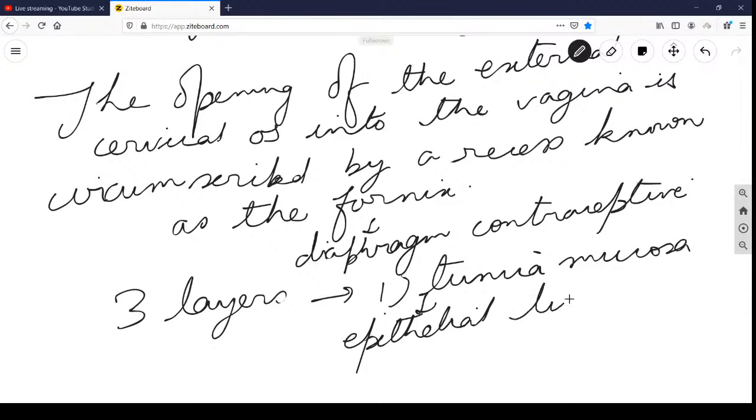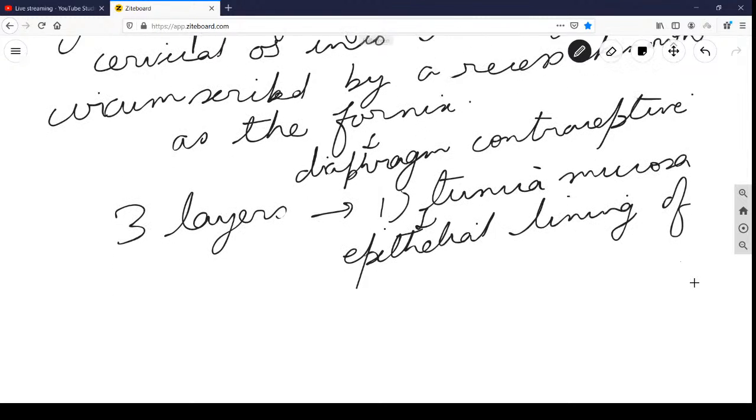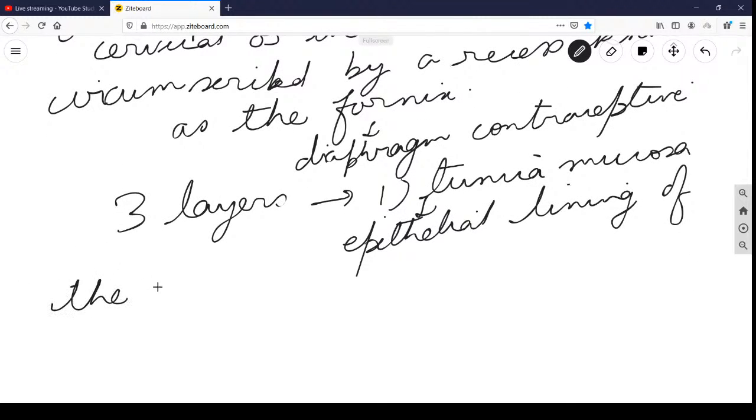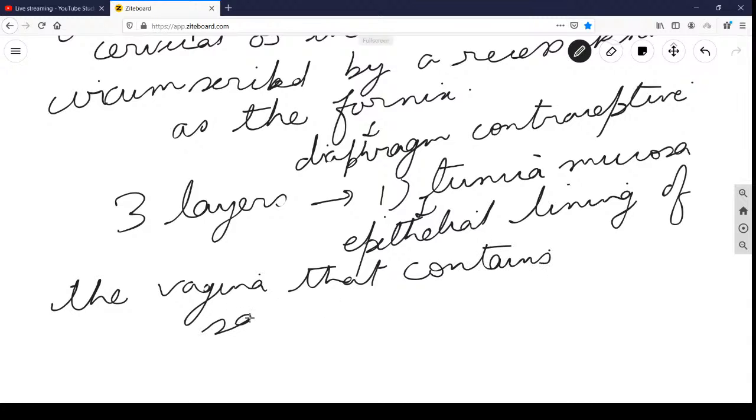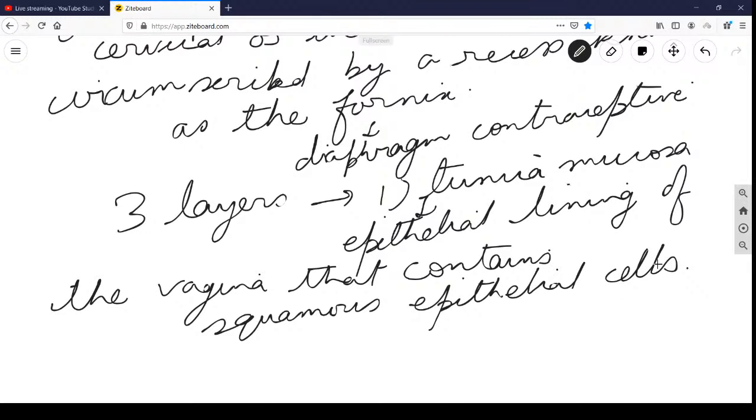Epithelial lining of the vagina that contains squamous epithelial cells.